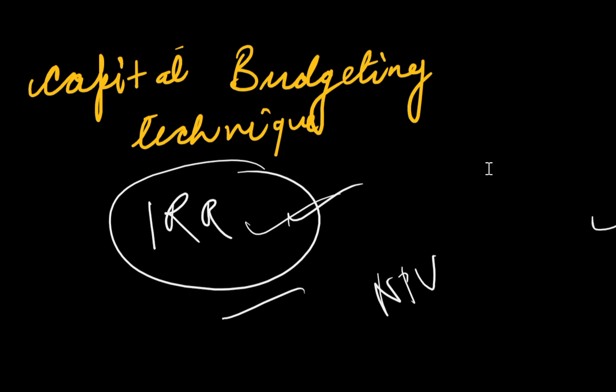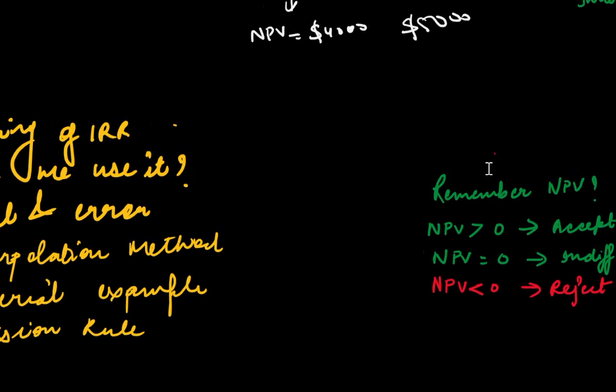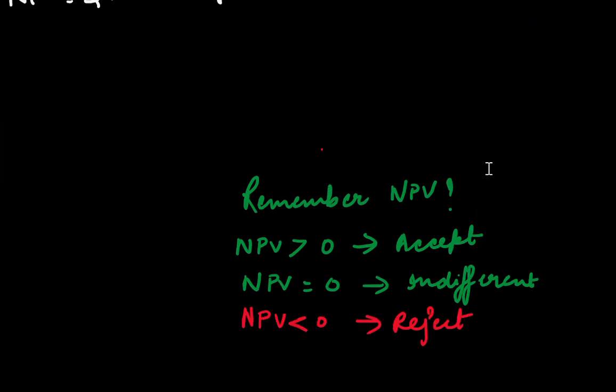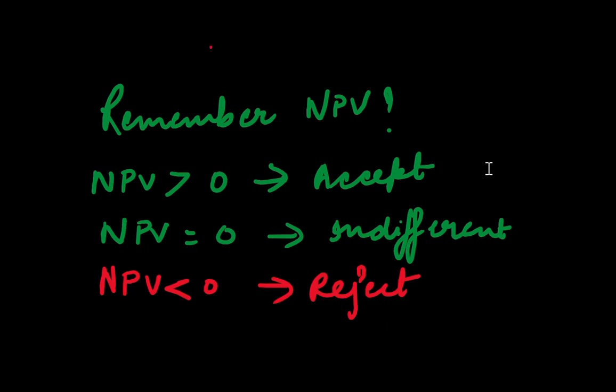Now, before moving to IRR, let's quickly revise what we have learned in our previous lecture. In that lecture, we have covered NPV, in which we compare the present value of future cash inflows with the initial investments. The decision rule is very simple here. If NPV is positive, we accept the project. Why? Because it creates value.